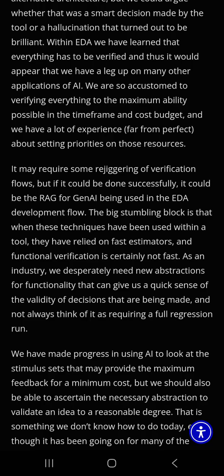The big stumbling block is that when these techniques have been used within a tool, they have relied on fast estimators, and functional verification is certainly not fast.